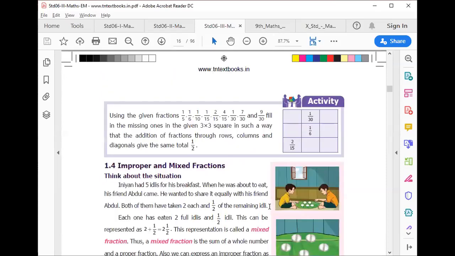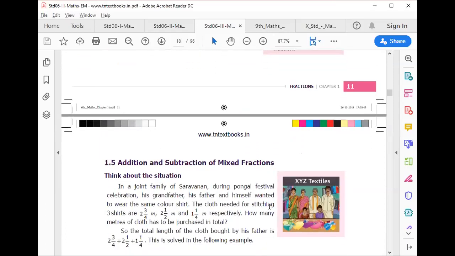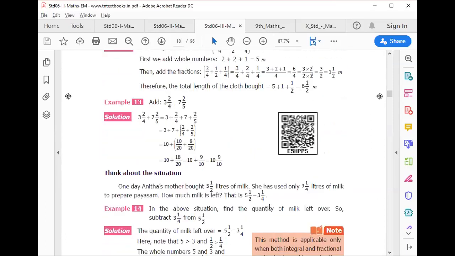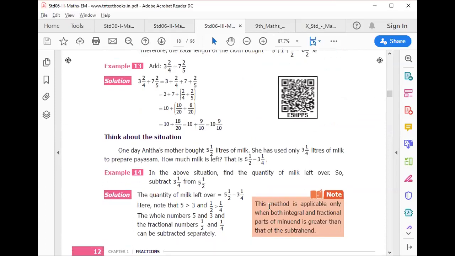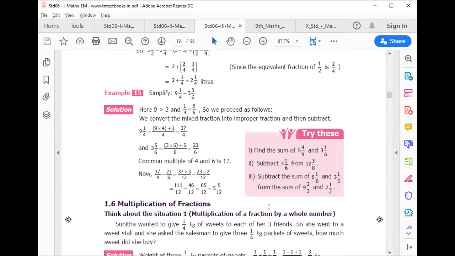They went into improper and mixed and then they discussed it. And they have the case of this one. If you look at this, the denominators are 4 and 6. Now, if you have denominators like 4 and 6, the cross multiplication will work, but you can do with even less. This is the level 4 case.